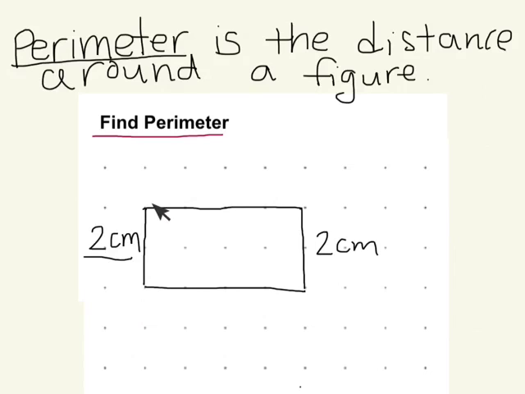And then we go up to our horizontal line, and we remember that it is 1, 2, 3, 4 centimeters. 4 centimeters. And of course, the opposite side is also 4 centimeters. Would you press pause, figure out the perimeter of this figure, and then press play to check your work?